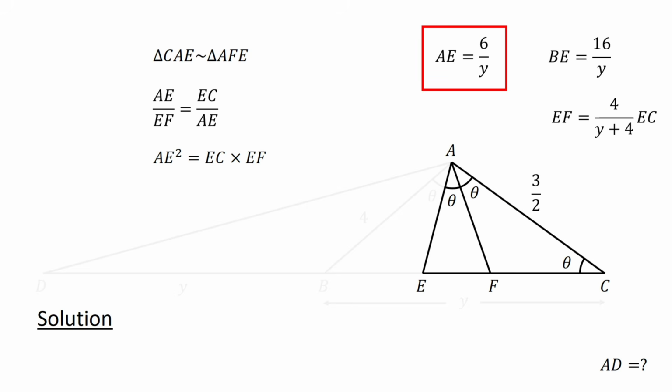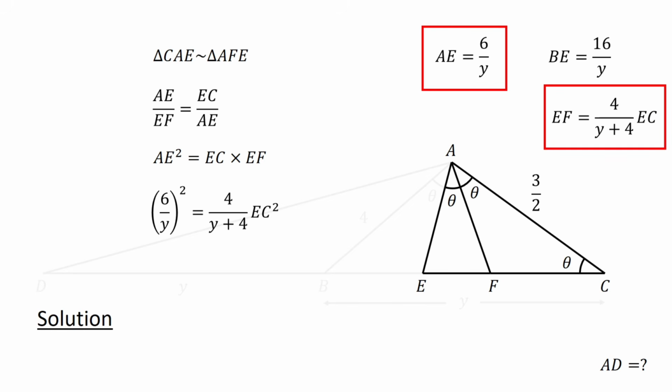Since AE equals 6 over y and EF equals 4 over y plus 4 times EC, we have 6 over y whole squared equals 4 over y plus 4 times EC squared. Taking the square root and solving for EC, we obtain EC equals 3 square root y plus 4 over y.